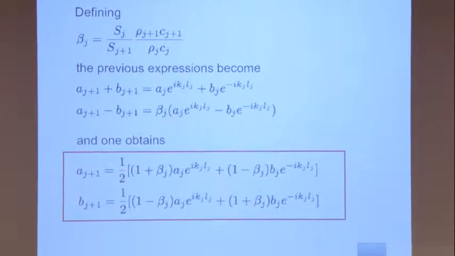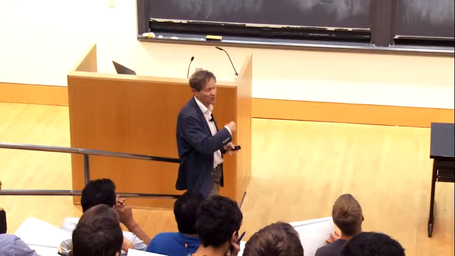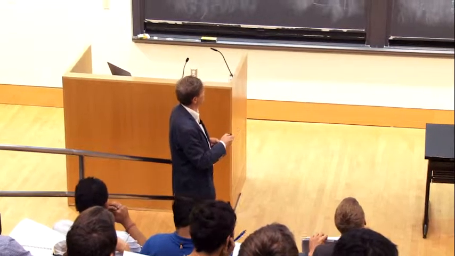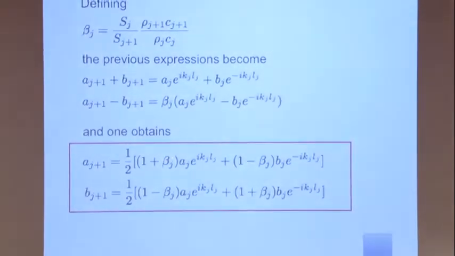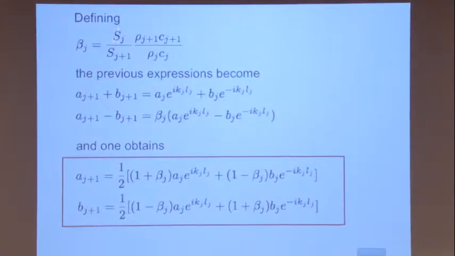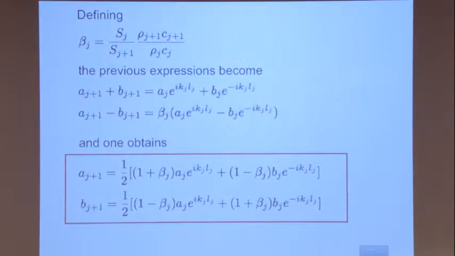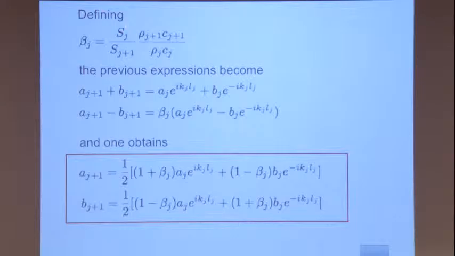So you can give what happens in the j plus 1 channel with respect to what happens in the j channel. And the quantities which are coming in here are these ratios of impedances multiplied by the areas. You see this ratio of areas. You can work that out by yourselves.